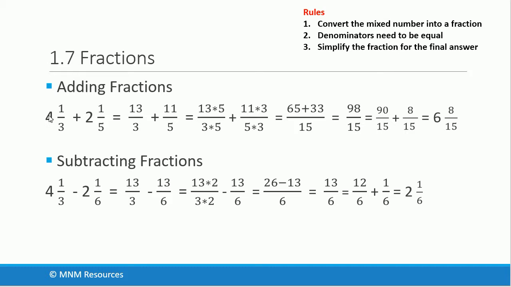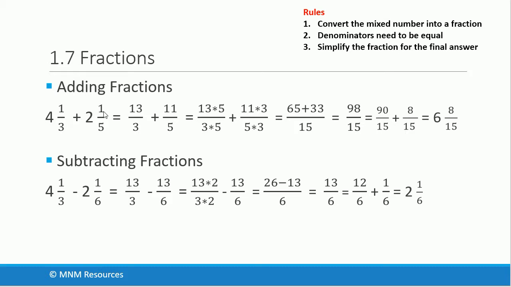So 4 times 3 is 12, and then you add the value of your numerator, which is 1. So 12 plus 1 is 13, so your new value for the numerator is 13. As for the value of your denominator, it stays identical to the one in the original mixed number. So 3 will remain the denominator.